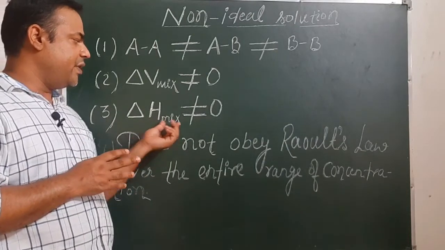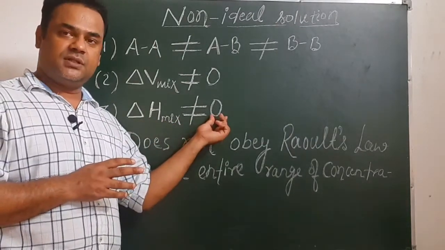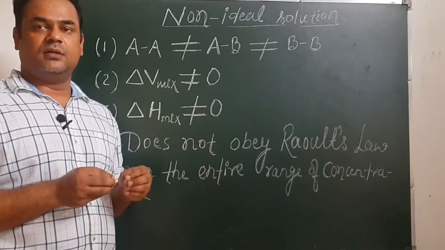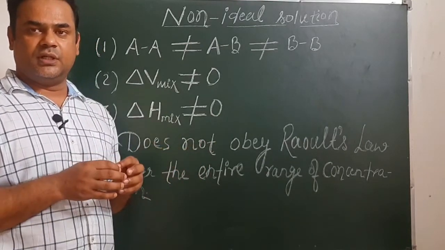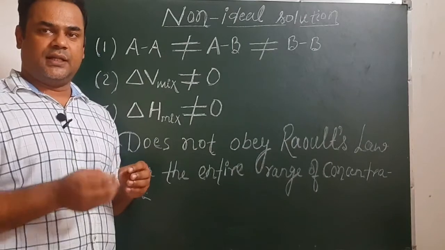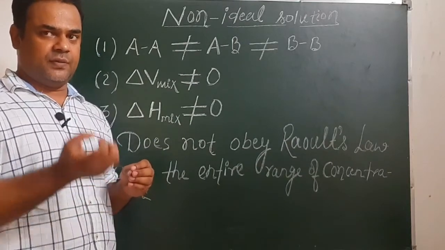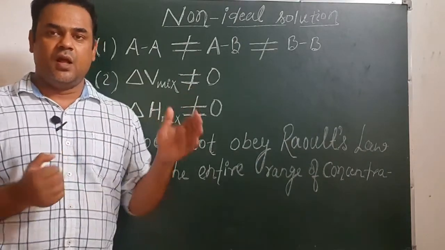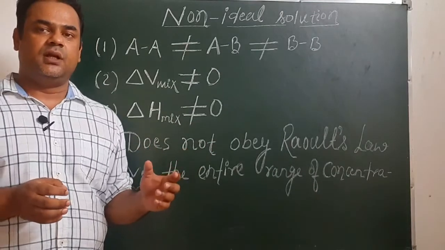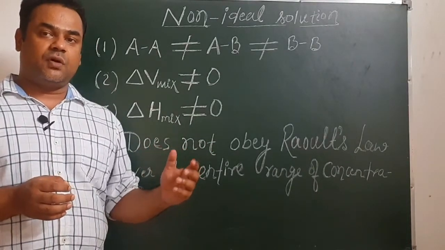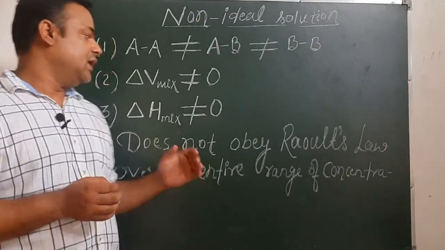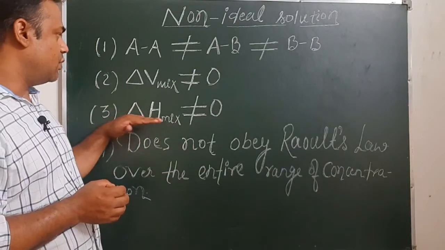But here the enthalpy of mixing is not equal to 0, meaning that whenever we mix solute and solvent, either heat energy is released or it is absorbed. On mixing, if we touch the beaker, we will feel that it is either hot or cool. In that case, we say the solution is non-ideal.